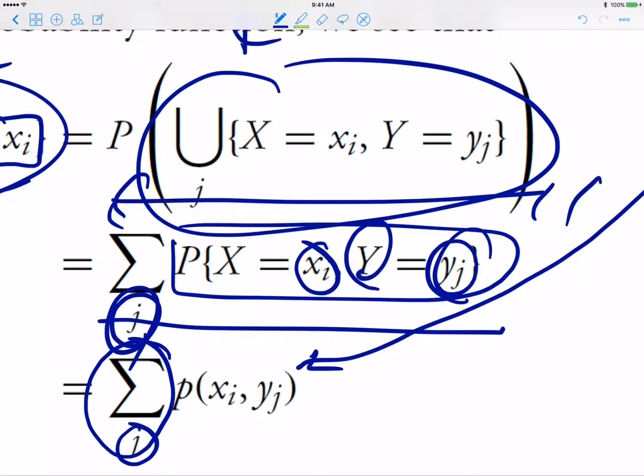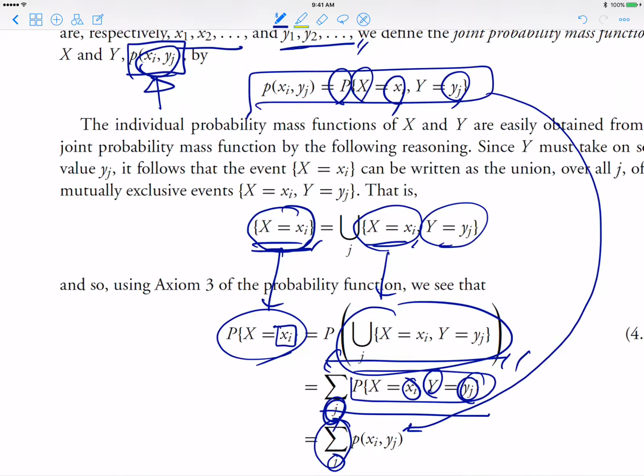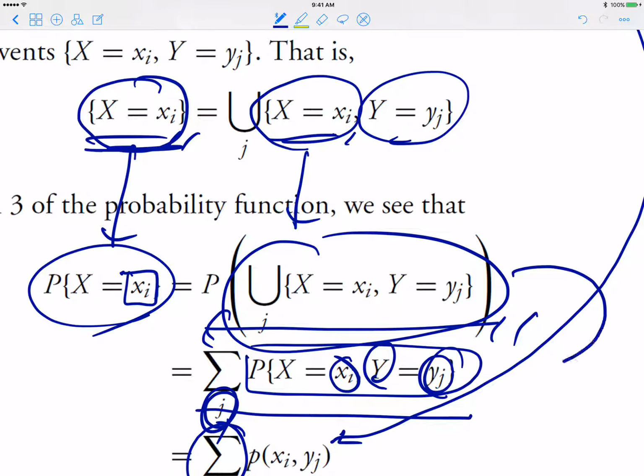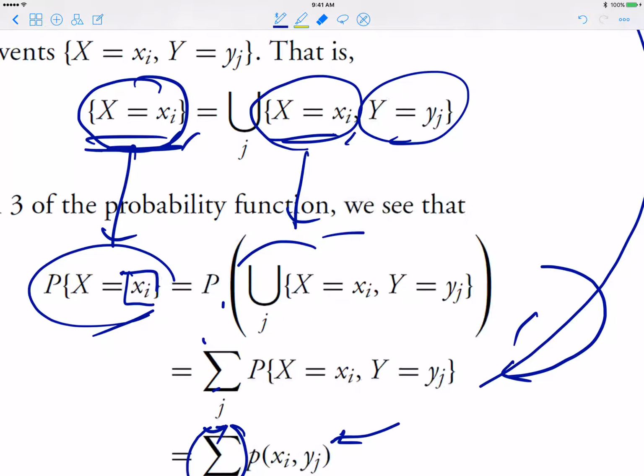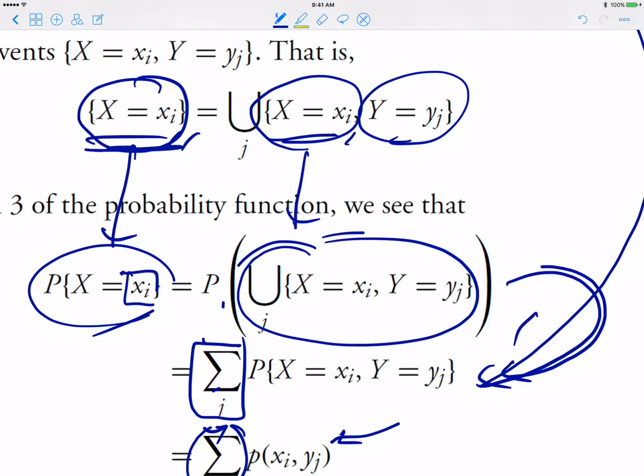Then let me ask one thing here. From here to here, we changed the probability of all these events, and they are combined as a union of all these events.